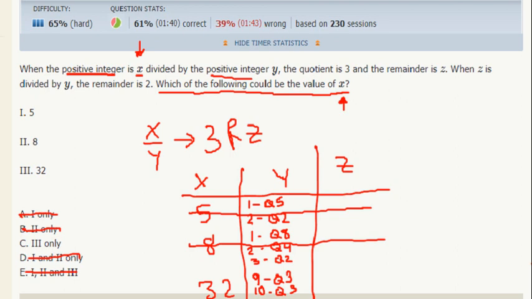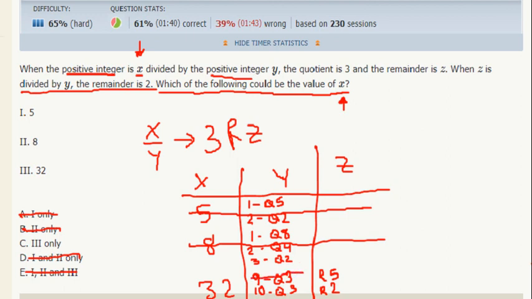So what are our remainders for z? Well, in the case of 9, it would be remainder 5, and in the case of 10, it would be remainder 2. So now I could go to the second part and see when z is divided by y, the remainder is 2. So I take z divided by y, 5 divided by 9, gives me 0, remainder 5.